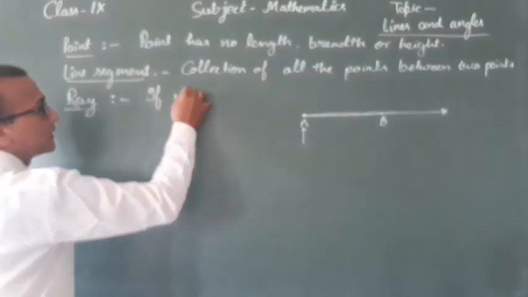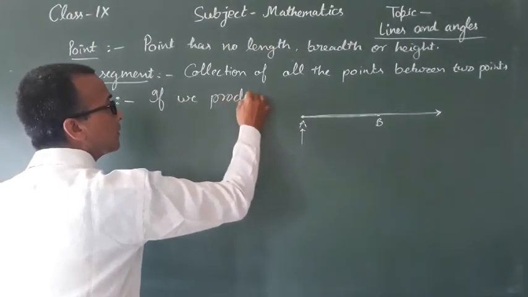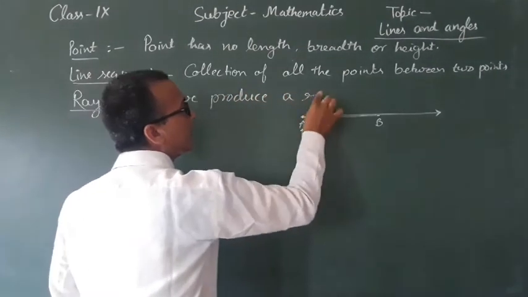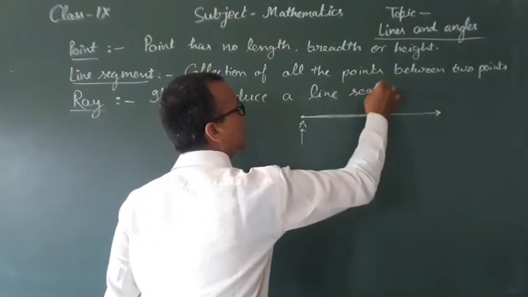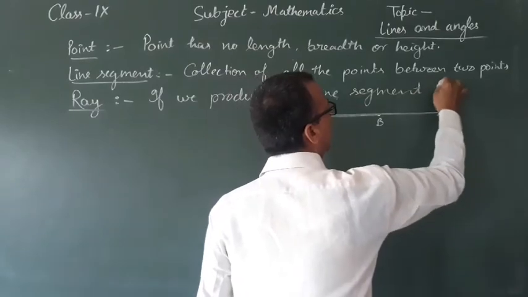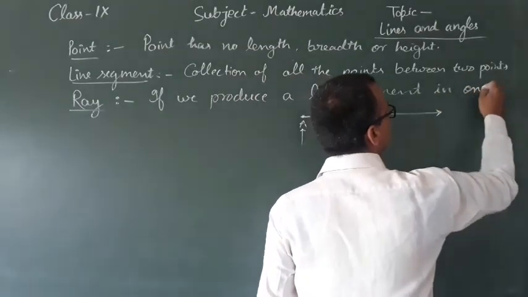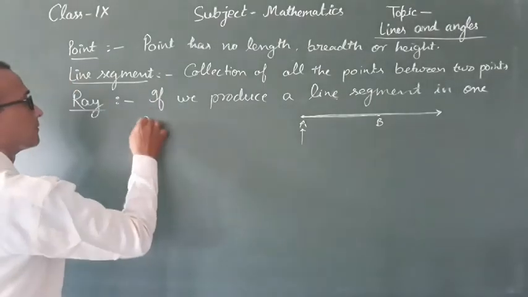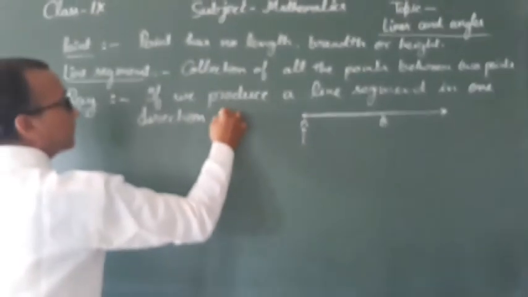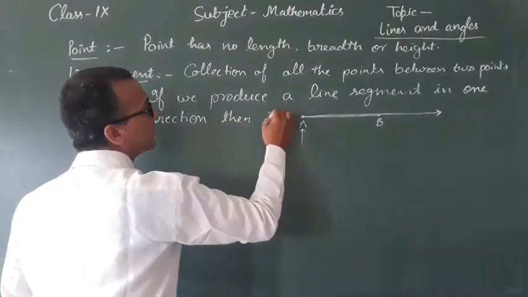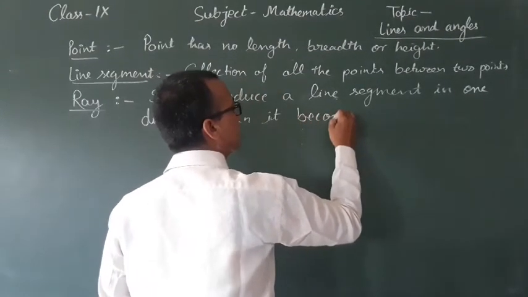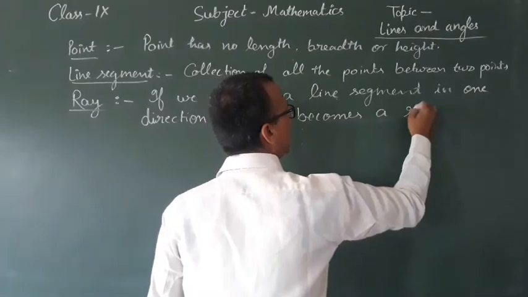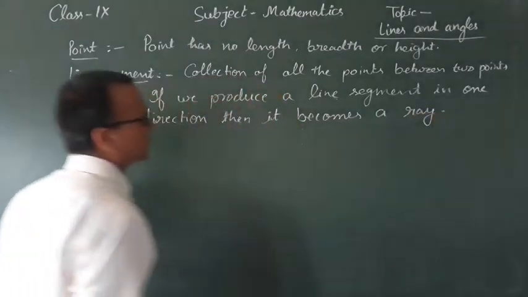If we produce a line segment in one direction, then it becomes a ray.